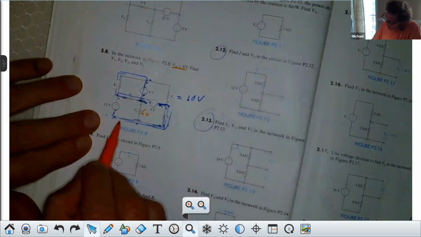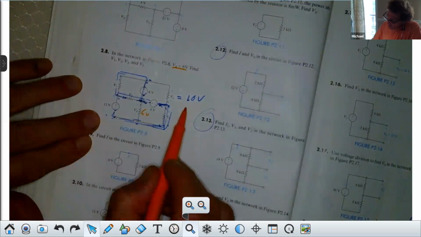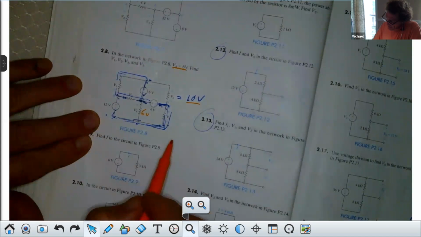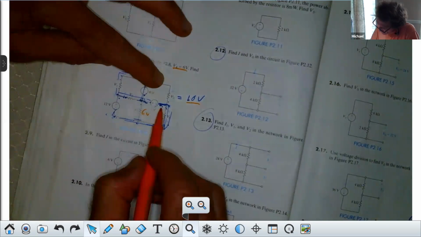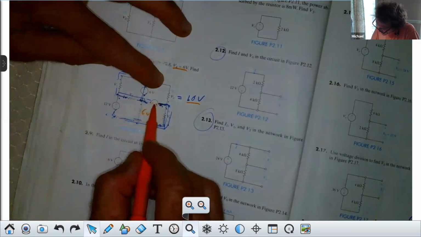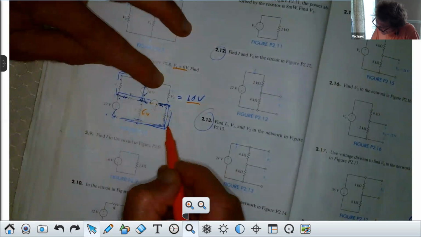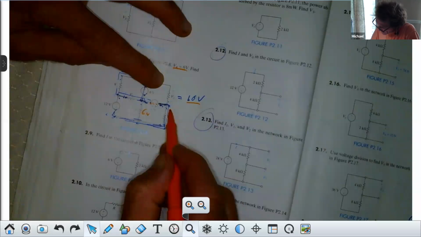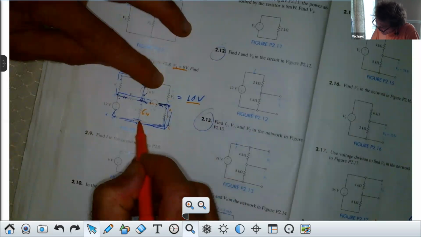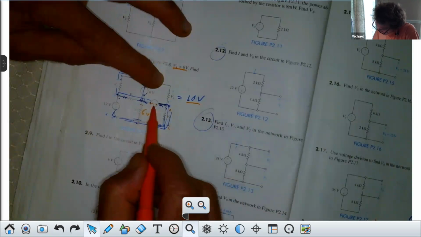So if this is 6 volts, look how easy it is, all right? With me? Yes. You all agree this is 10, right? Now take a look. Right here, I start here. This is where 4 volts is. I come down here, it's minus V5, right? Minus V5 plus 6 is equal to 4, right?